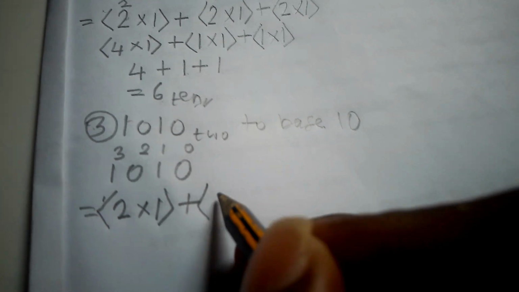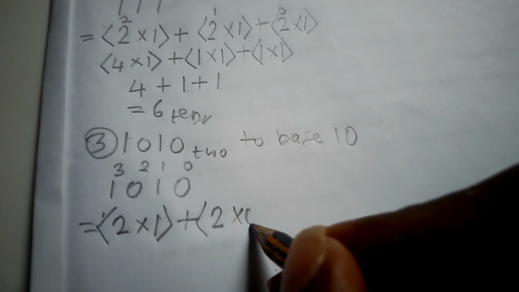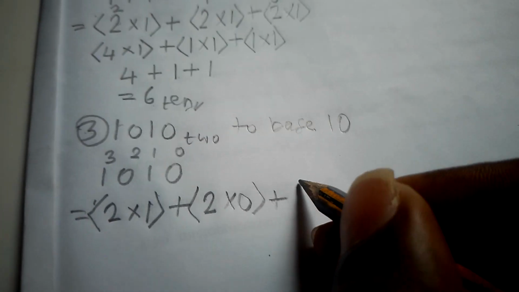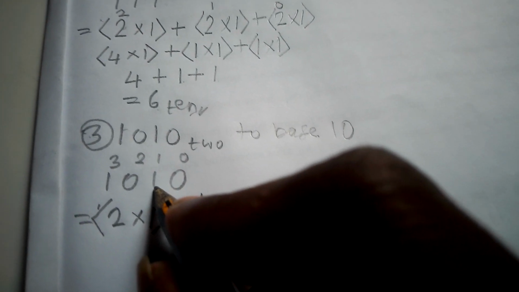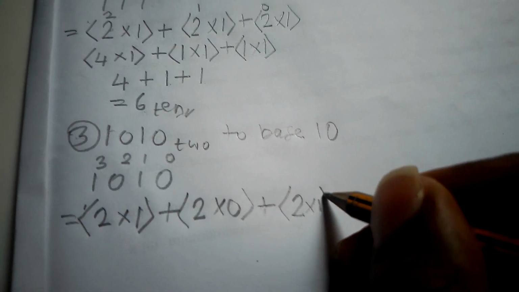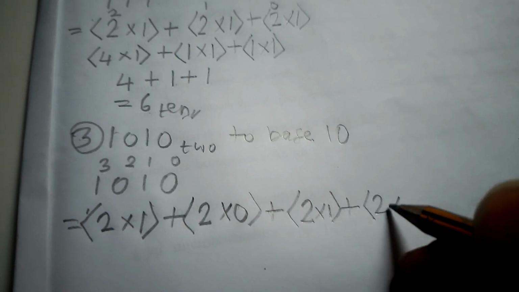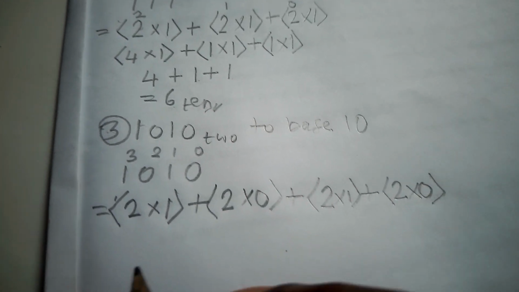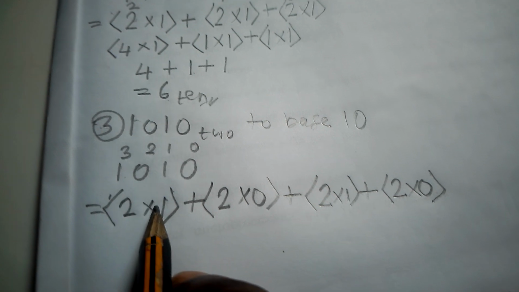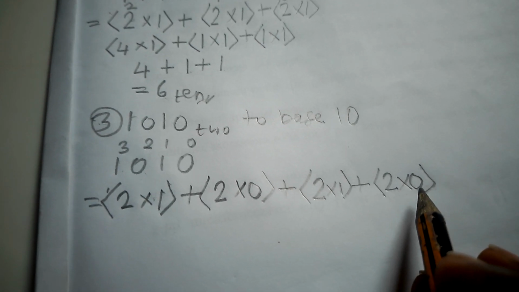Okay, 1, close the bracket, put your addition, open that bracket, the base again, which is 2, times the next number, which is 0, so you add just 0, then close the bracket, plus, open that bracket, again use the base, which is 2 times the next number, which is the third number, this is 1, so 2 times 1, then close the bracket, plus, open last bracket, so again use the base, which is 2 times, and the last number there is 0, so 2 times 0, so close the bracket. Now let us cross check our work. 1 1 0 0 1 1 and 0 0, so we are correct.